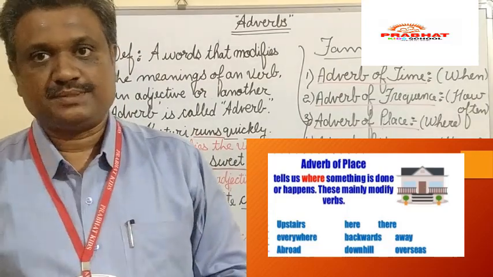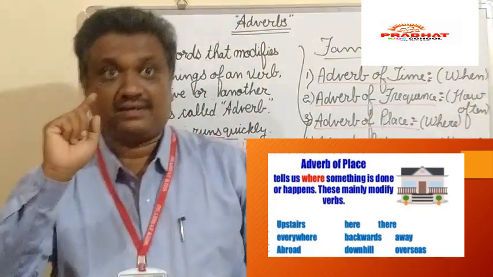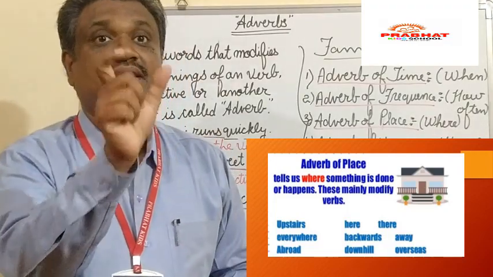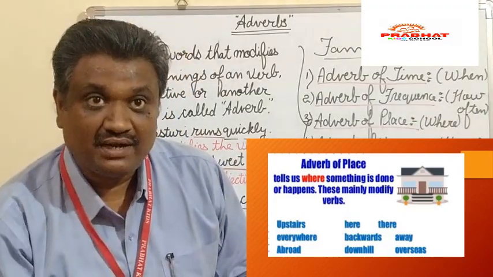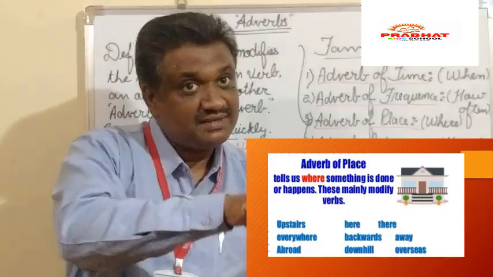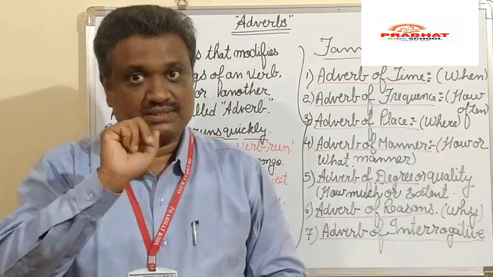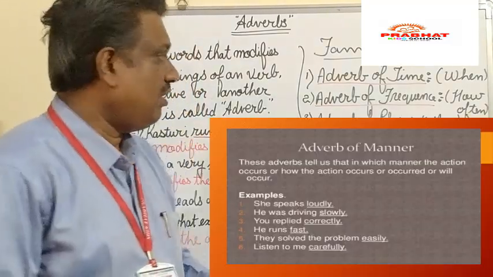Now, first example: come here. What is the verb here? Come. Here shows what? Place. So what did I say? After the verb or object of the verb. Understood?